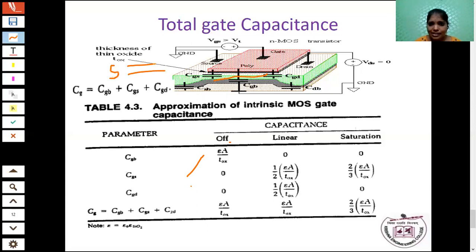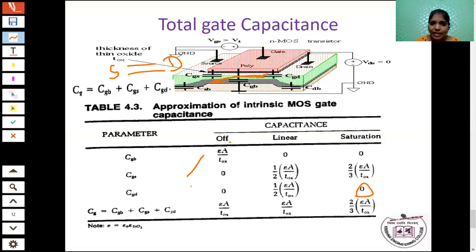During the saturation region, the channel is not of constant width. A narrow channel is formed between source and drain. Near the drain region the channel width is negligible, so the capacitance between the gate and drain is equal to 0.